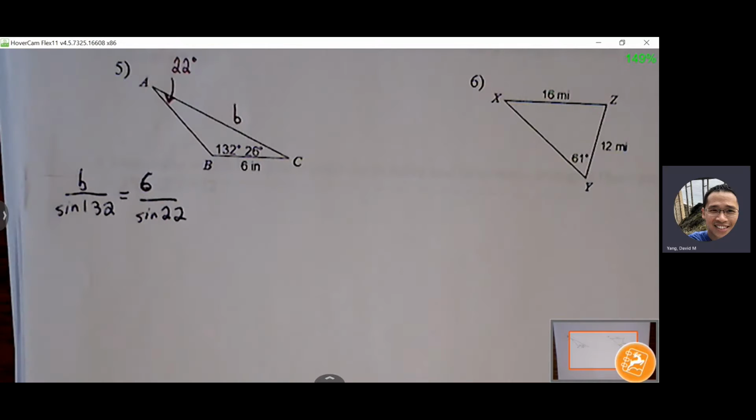I think these are the ones that are more involved because it's not quite ready for side angle side. So we have to do a little bit of investigation, using law of sines to get to side angle side, and then we can use the formula.